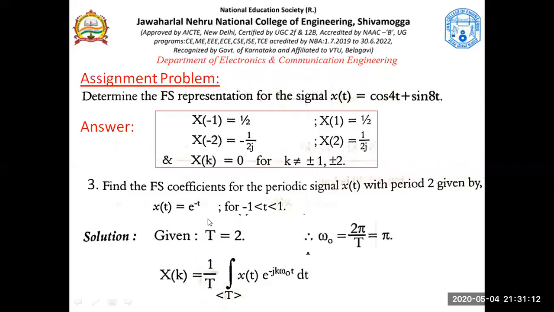Understand? The waveform is not given. Directly the equation is given, and it's very clearly told that this is e power minus t and this is repetitive, and this exists from minus 1 to plus 1. So it has got a fundamental period 2. So T equal to 2 is something that is already given. So seeing this, we were able to obtain omega naught.